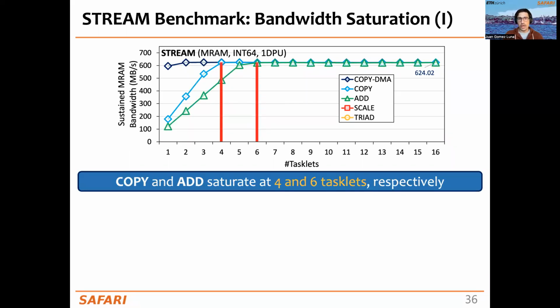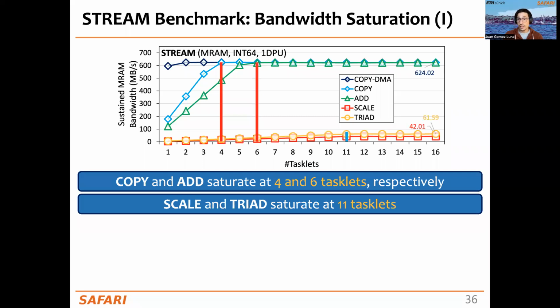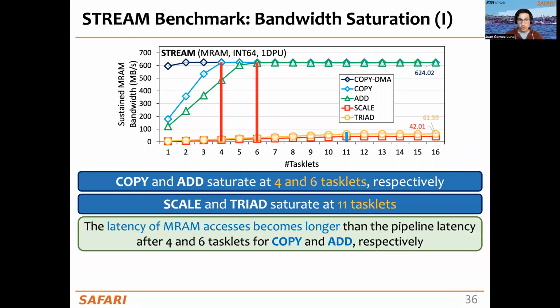Regarding the copy and add benchmarks, we see that they saturate at 4 and 6 tasklets respectively. However, scale and triad saturate at 11 tasklets. Remember that 11 tasklets is the number of tasklets for which the arithmetic throughput saturates for different operations and data types. So we can observe here that the reason why copy and add saturate with less than 11 tasklets is because the pipeline latency is not able to hide the latency of WRAM accesses.